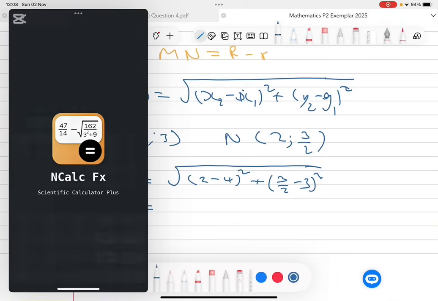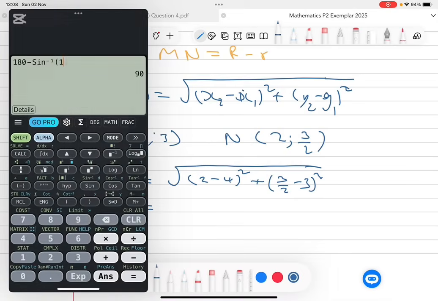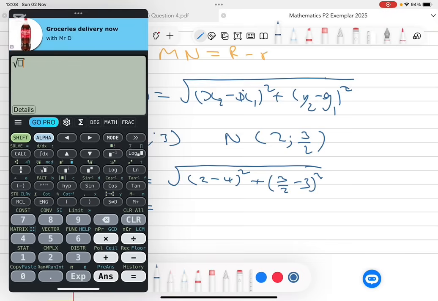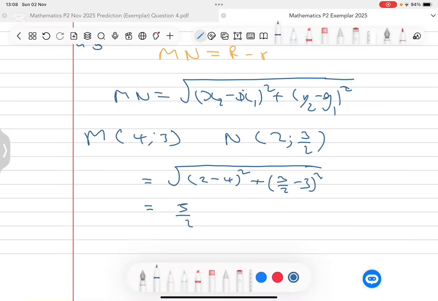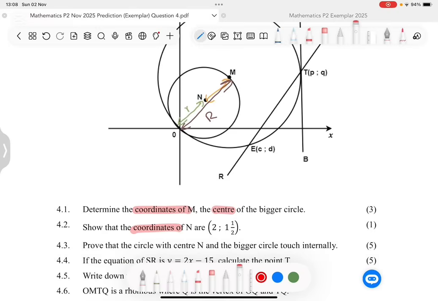And if we punch this whole thing in our calculator, we should get an answer of 5 over 2. Remember, what we've just calculated is the distance mn, the distance between the centers of the two circles.